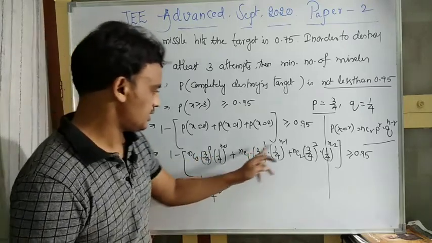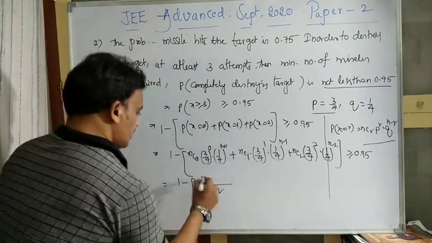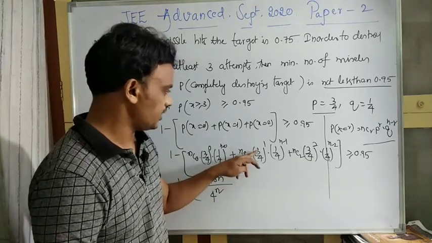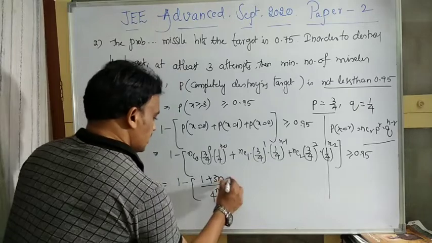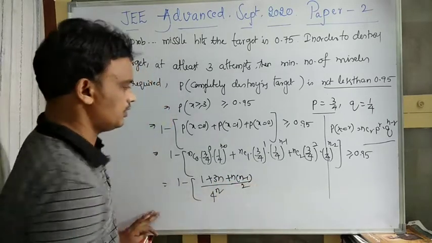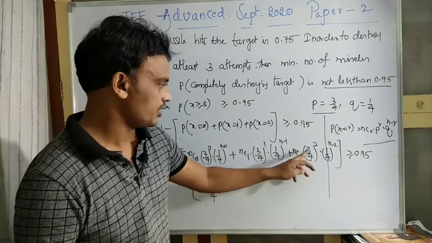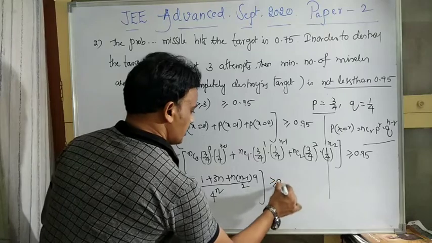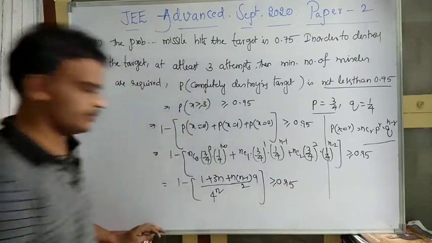Then nC1 is n, times 3, which is 3n. Then plus nC2, which is n into n minus 1 by 2, times 3 square, which is 9. This is greater than or equal to 0.95.